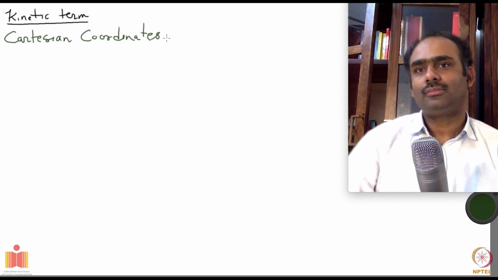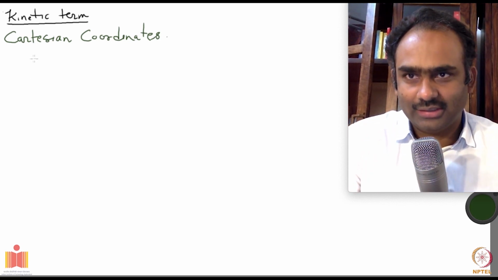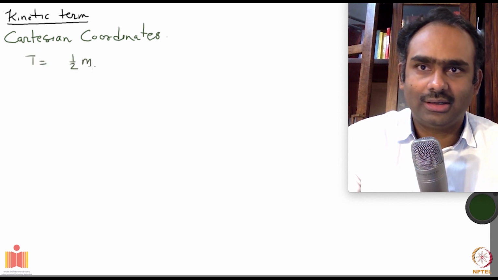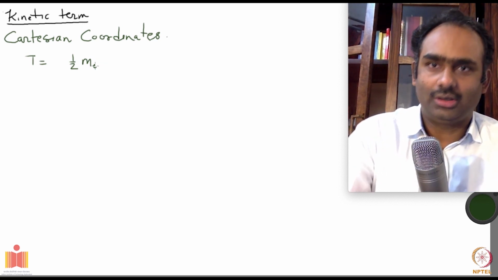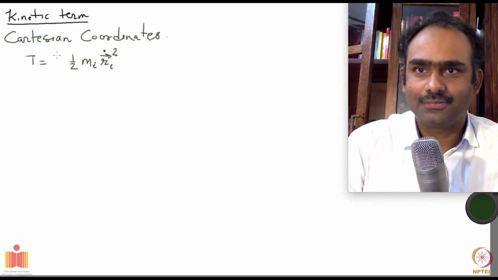Okay. So what do you see when you are using Cartesian coordinates? You get T as half m_i, let me put r dot, half m_i r_i dot square. That's what it is.